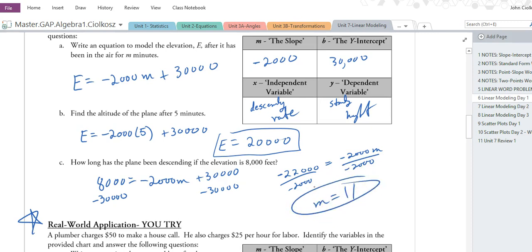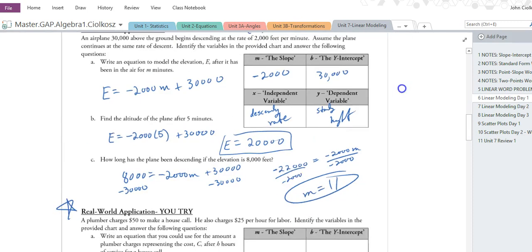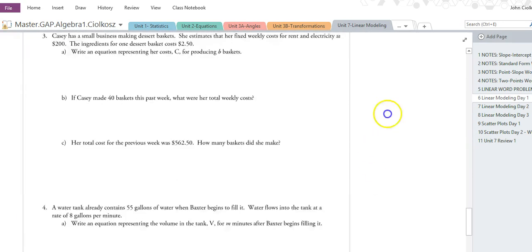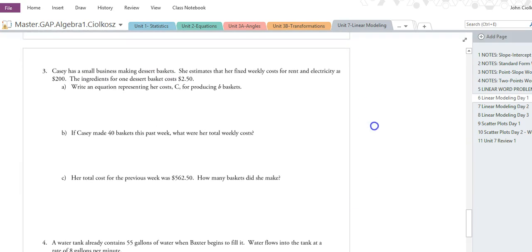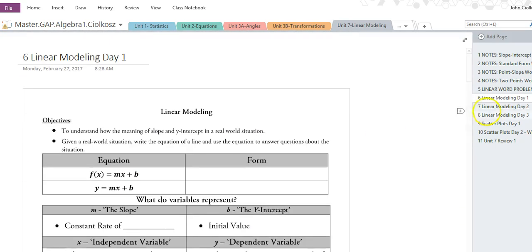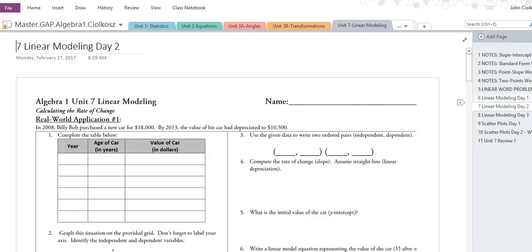It looks like the plane's been going down for 11 minutes. Once you've completed this, finish the rest of the problems on this page for your practice. Once you've done that, move on to 7 for some more notes.